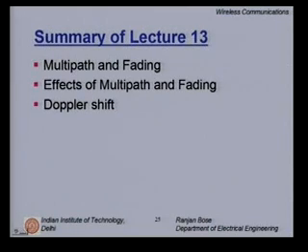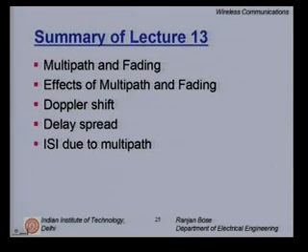We looked at Doppler shift because we work in a mobile scenario. We then talked about delay spread and how it causes intersymbol interference. Then we looked at ISI graphically due to multipath. We will conclude here and continue in the next lecture.